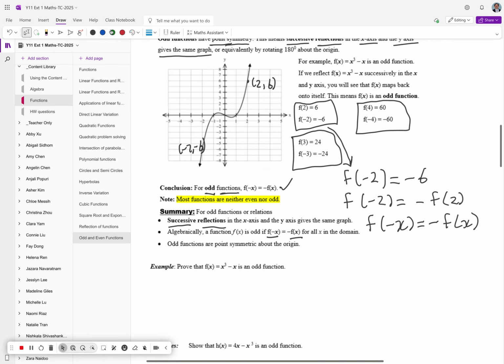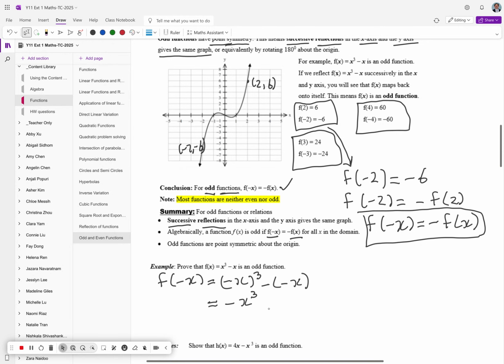Okay, so let's move on. We're going to prove that this is an odd function. So I've got to prove this property here. This is what I'm trying to prove. So I'll start off with f of minus x. So that's minus x all cubed minus minus x, which is equal to minus x cubed plus x.